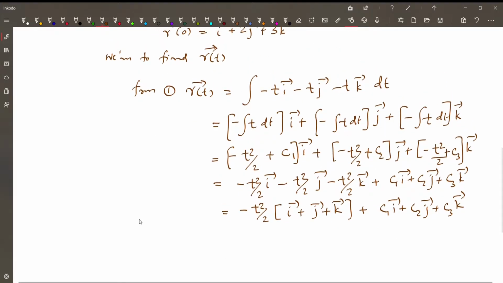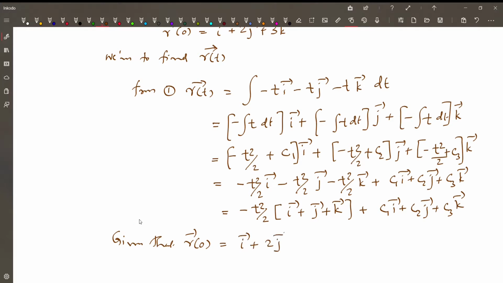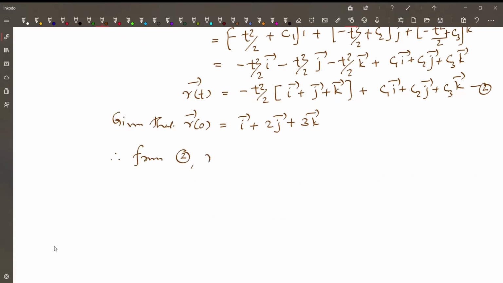Given that r of 0 equal to i plus 2j plus 3k. So from this equation, take this as equation 2. Therefore from 2, r of 0 equal to 0 into i plus j plus k plus c1 i plus c2 j plus c3 k.